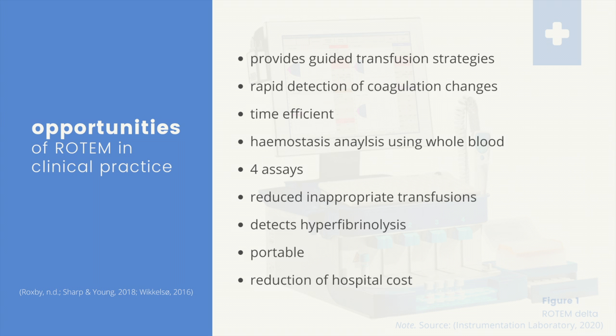It also uses whole blood to analyze hemostasis. It has 4 different simultaneously working assays. It detects hyperfibrinolysis. It is portable, which means it can be used at any stage of care. And it contributes to reduction of hospital cost due to the prevention of inappropriate blood transfusions.